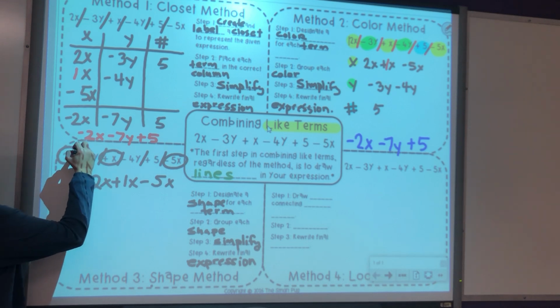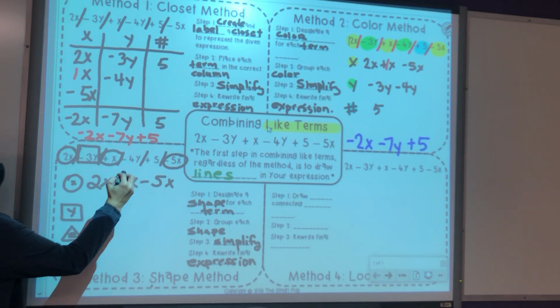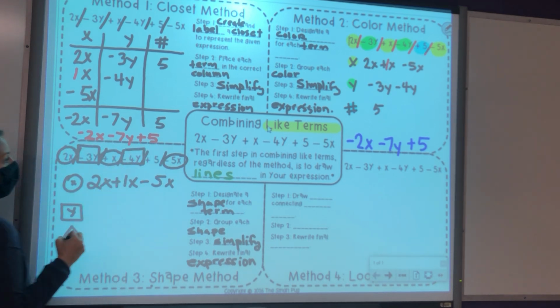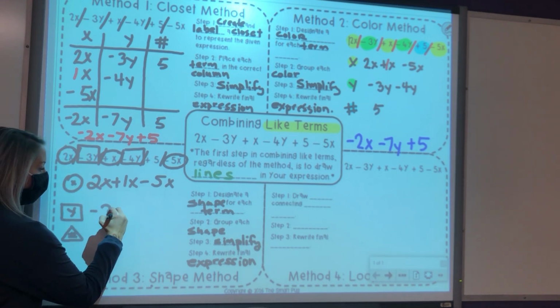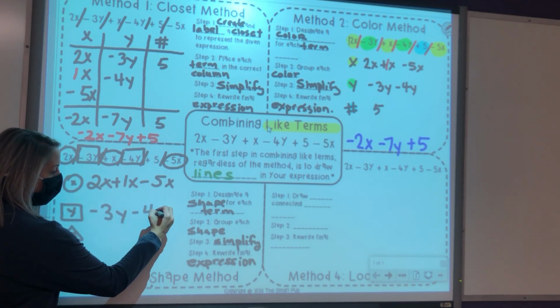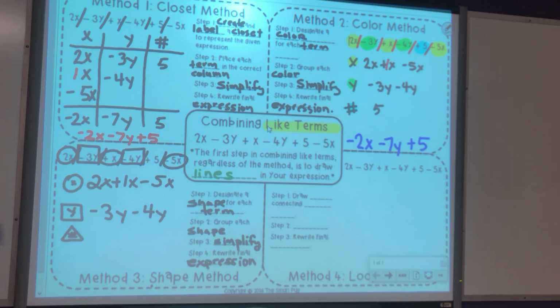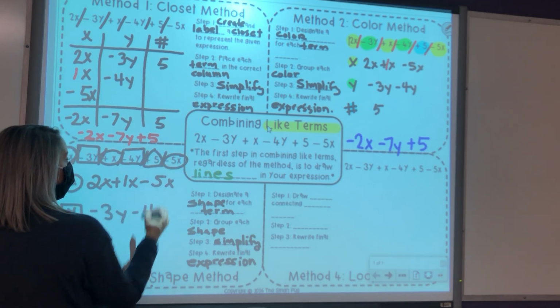I'm going to put a box around my y terms. And then a triangle around my constant term.